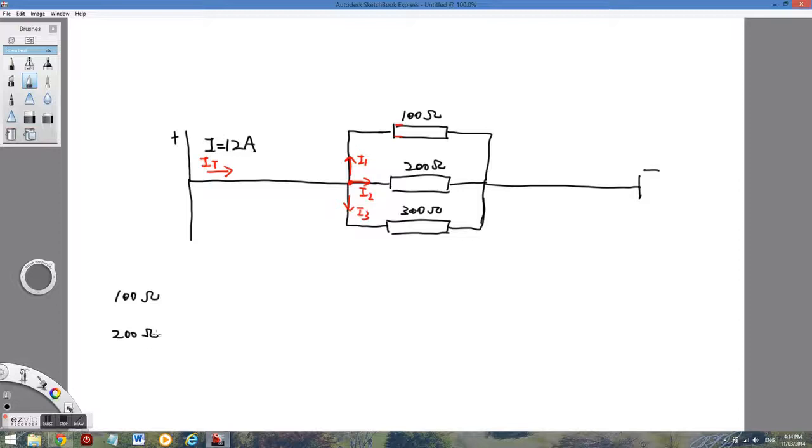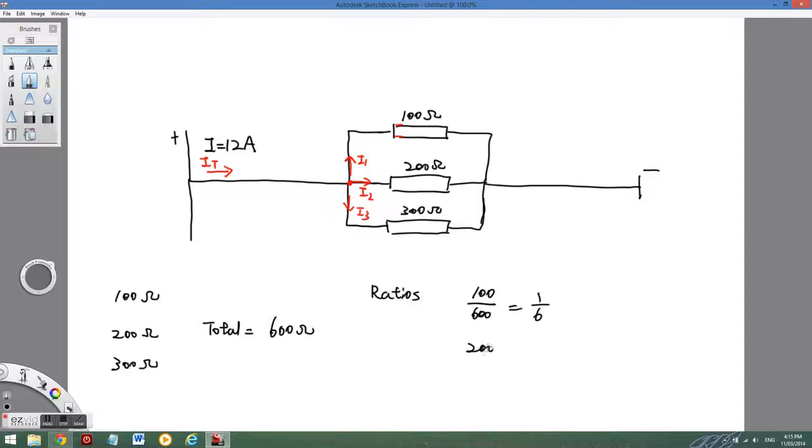I have 100 ohm, 200 ohm, and 300 ohms, a total of 600 ohms. It's going to be split into three different currents. One would have about 1/6 of the total, the next 2/6, and the last 3/6, which is a half.